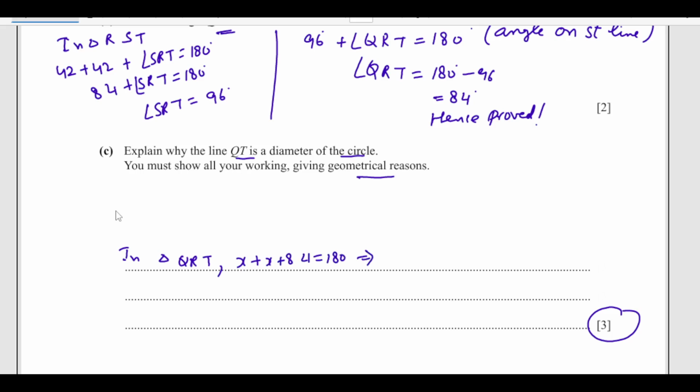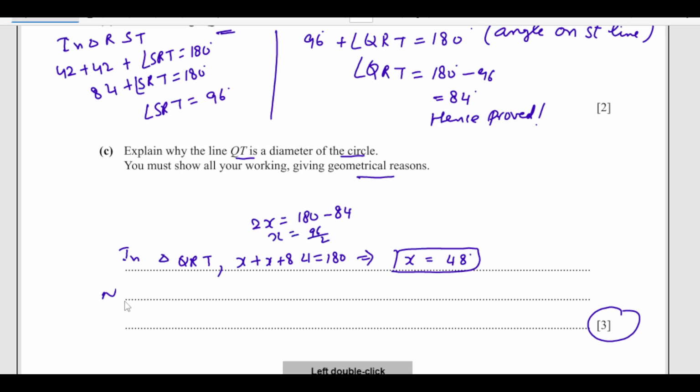So from here we get x as 48 degrees, right. So 2x equals 180 minus 84, so x is going to be 96 over 2, which is 48, right.